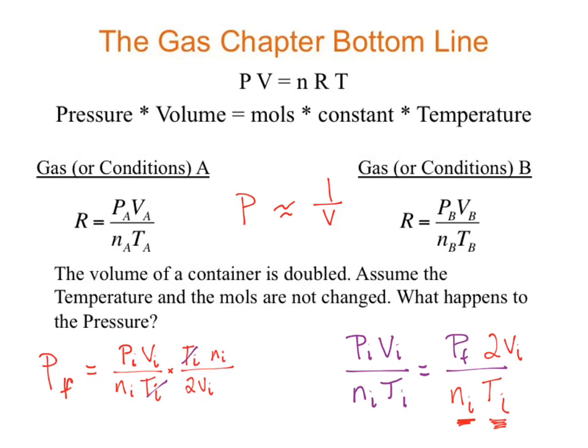What's N initial divided by N initial? What's V initial divided by V initial? What am I left with? P initial over 2. What happens to my pressure? It's cut in half.